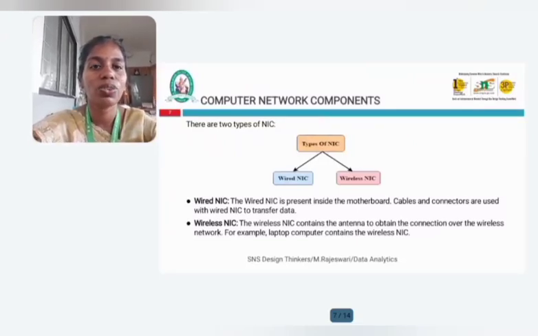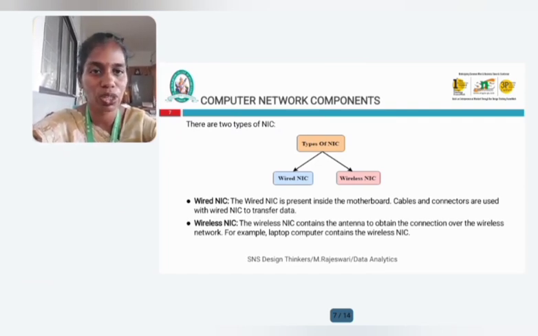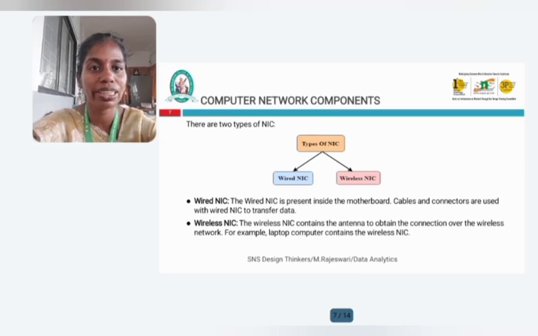Next, what are the types available in NIC? I already told that NIC is a network interface card, one of the components used to set up a network. There are two types of NIC card available, as shown in the figure. The first type is a wired NIC. The second type is a wireless NIC.